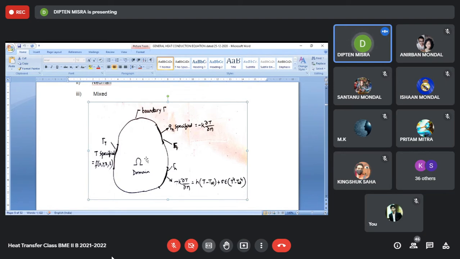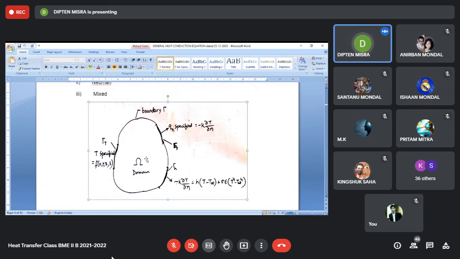So there may be two different classes of problem. In one class of problem, under unsteady condition, the temperature may be a function of XYZ and time. There may be another category of problem where also we are dealing with an unsteady state problem, but there temperature can be treated to vary only with time, but not significantly with XYZ.